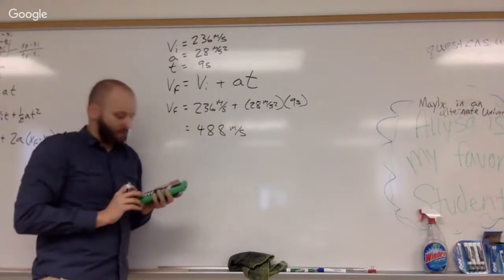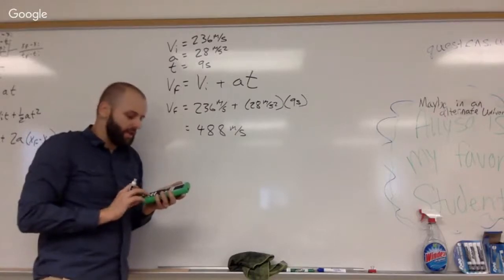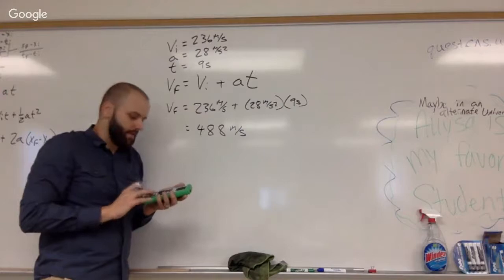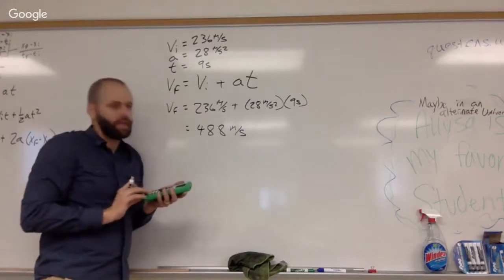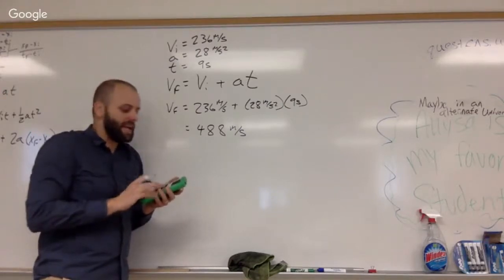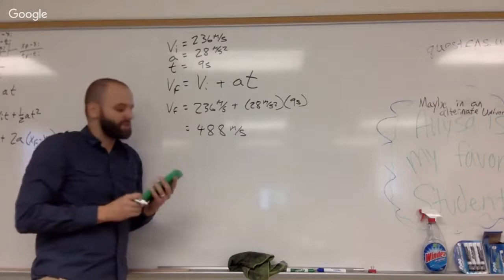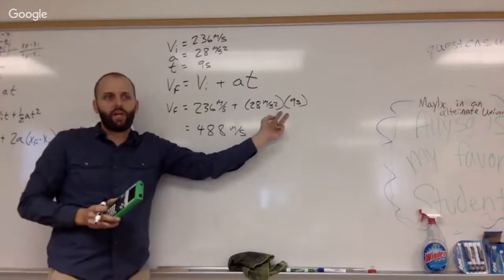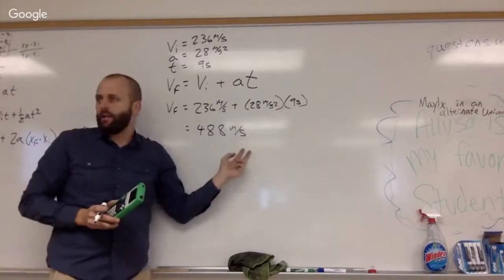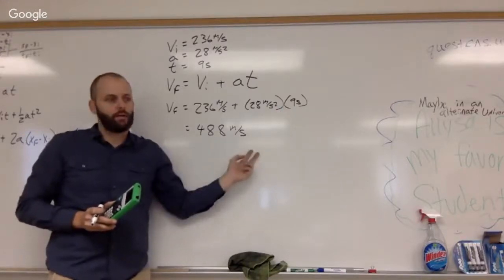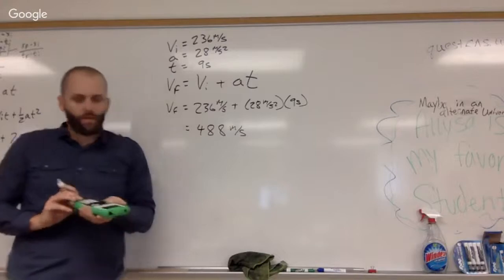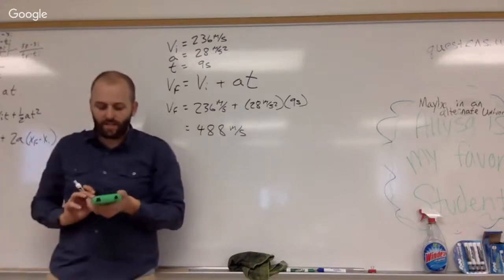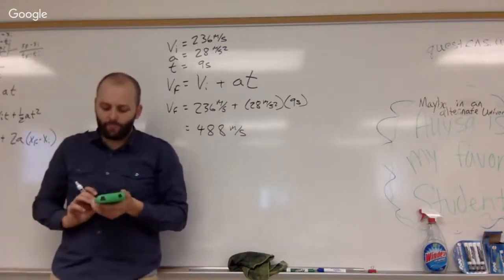Another second went by, add 28. Same thing until you get to 9 seconds. That tells you what your new speed is. Instead of adding 9 times, we could just multiply 28 times 9 and add that in. That's how much we change by. Hopefully that makes sense of why we're doing that. It's not just some random method.